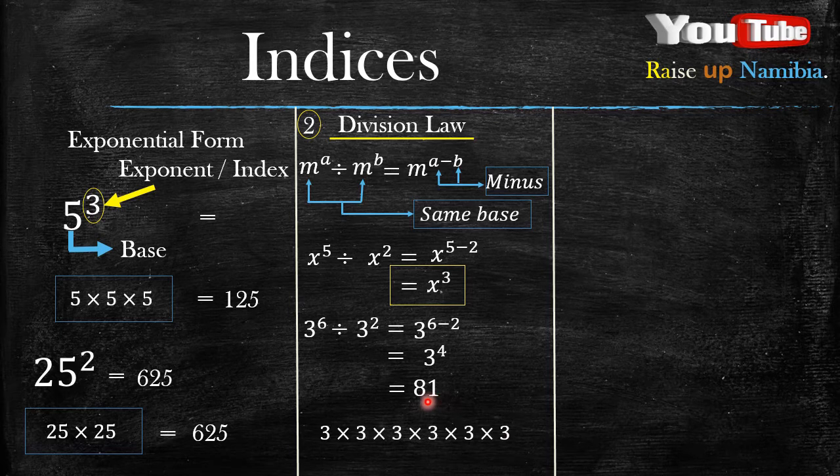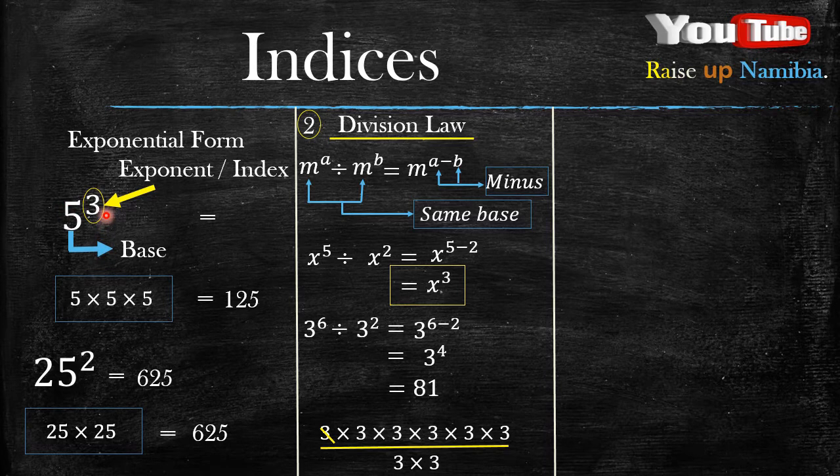Now some people might argue, how did you get to 6 minus 2? Let's just quickly write it in fraction form. What I wrote here is the same as this. It's 3 raised to the power 6. Remember I told you that the exponent means the number of times the base is multiplied by itself.